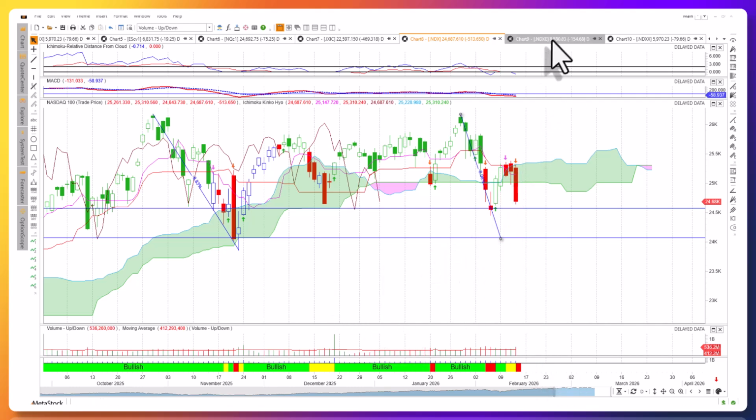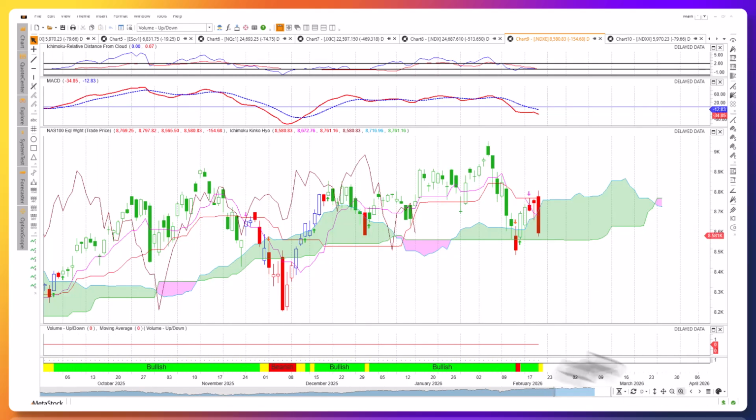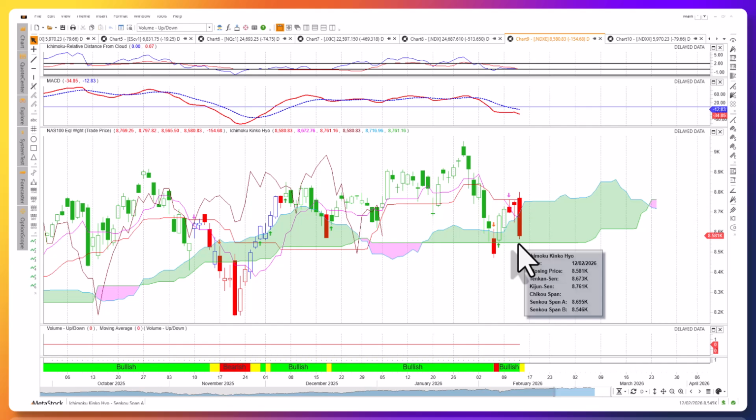Now it's interesting, the equal weighted NDXE, we're still in bullish territory, and price action is still above the bottom of the cloud there, so keep a very close eye on the equal weighted one to see if we're going to slice through that bottom end cloud chart support zone.